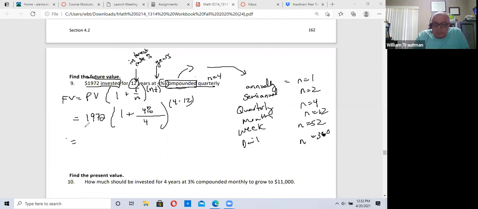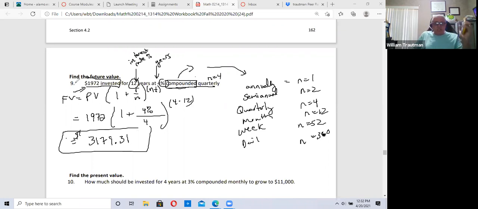And when I do this, I get 3179.31. You usually take money to 2 decimal places because it's the cents, unless they tell you different. So if I put $1,972 in the bank and I get 4% interest, 12 years later, I have $3,179 in the bank.